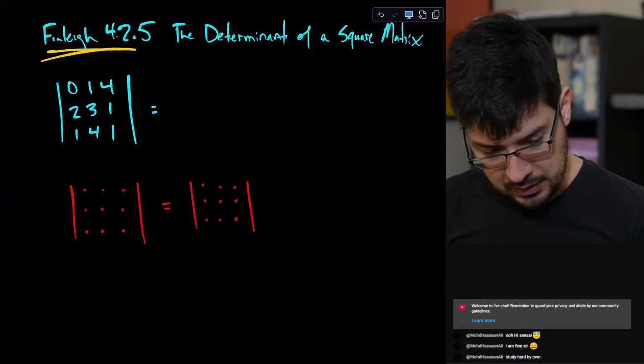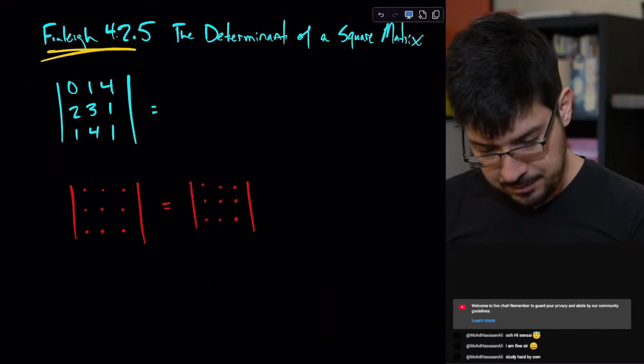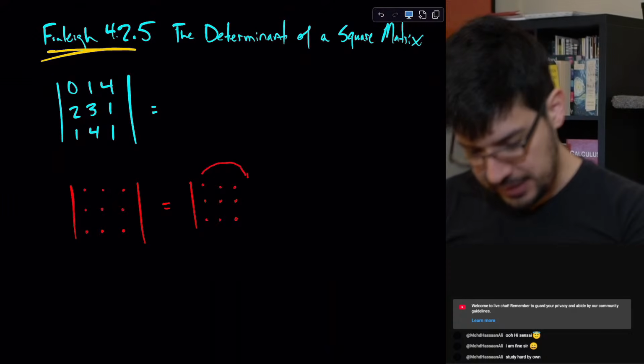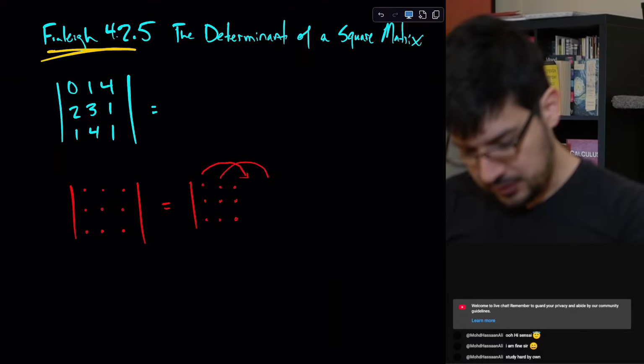What you can do for a 3x3 matrix is duplicate the first and second columns.